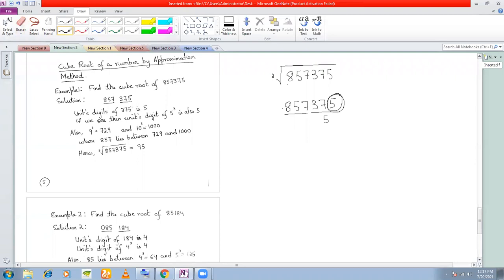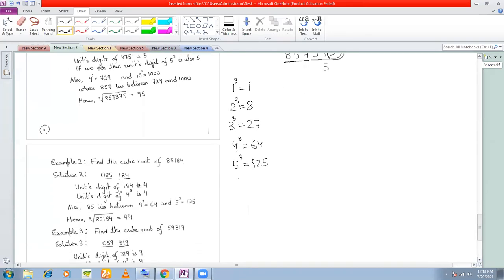Now we look at the next group. The next group is 857. Now you keep trying. First, 1 cube is how much? 1. 2 cube is how much? 8. 3 cube is how much? 27. 4 cube is 64. 5 cube is 125. 6 cube is 216. 7 cube is 343, right?